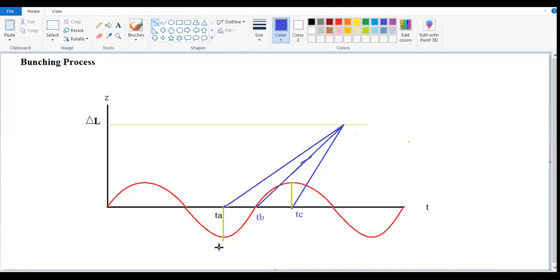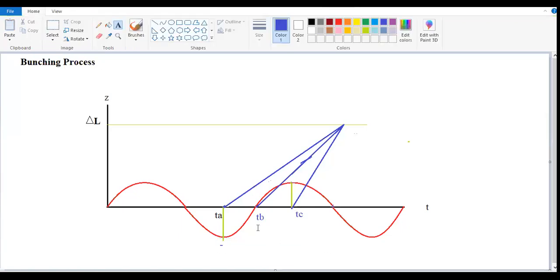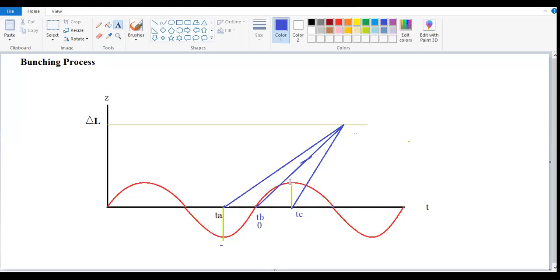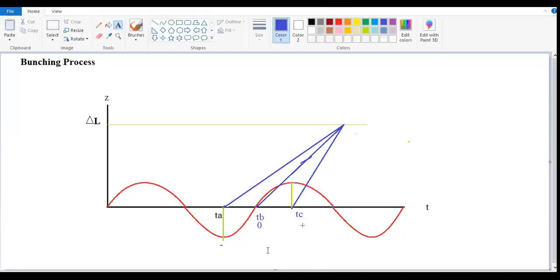So at TA, the current and voltage will be negative. Now TB is the 0 value, and TC is the positive value. So we have the positive half cycle, we have 0, and we have the negative half cycle. Three different positions I have taken.